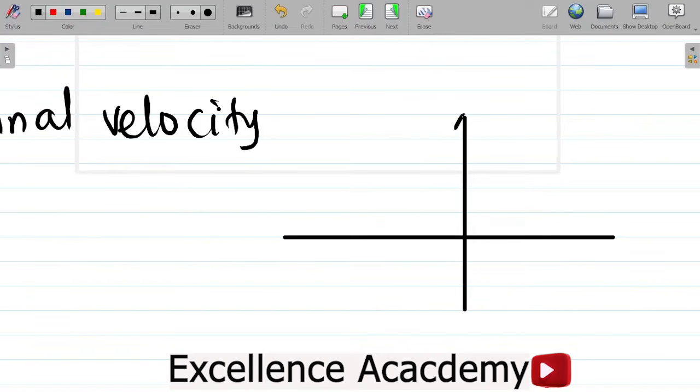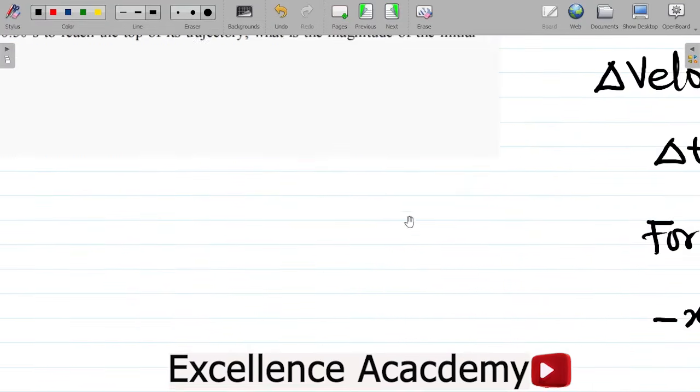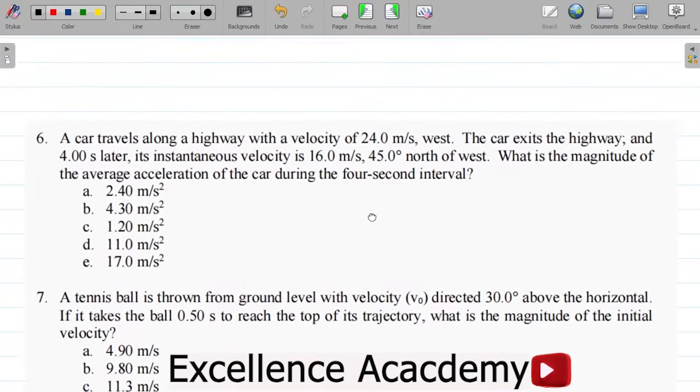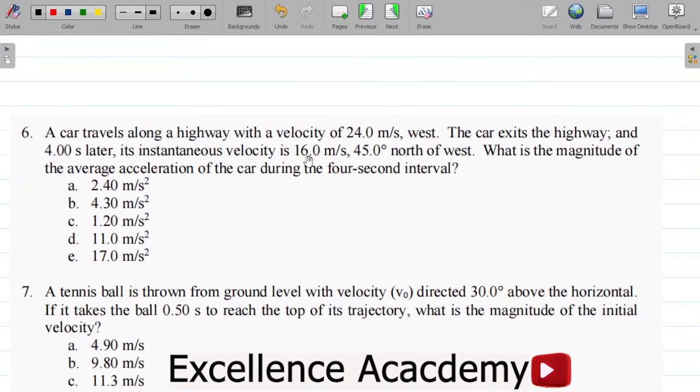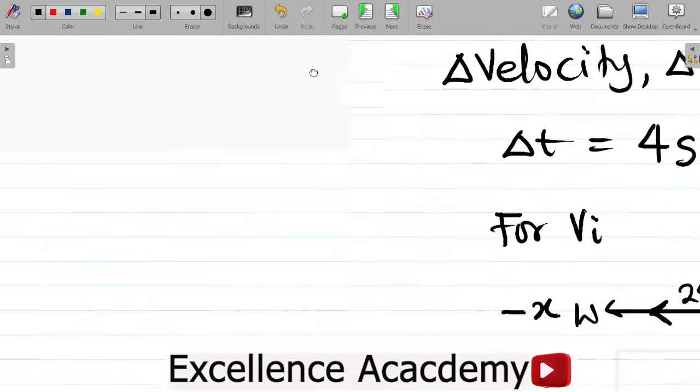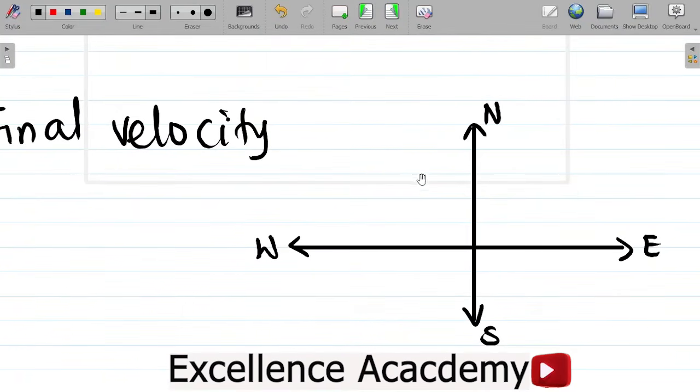You have upwards as north, downwards as south, here as east, here as west. Okay, let's say the value given is 16 meters per second, 45 degrees northwest. So this region here is northwest.